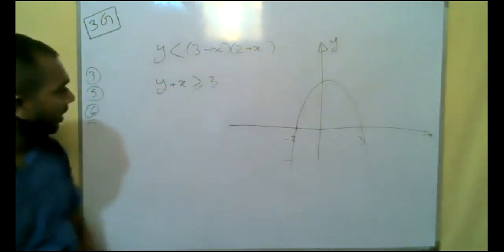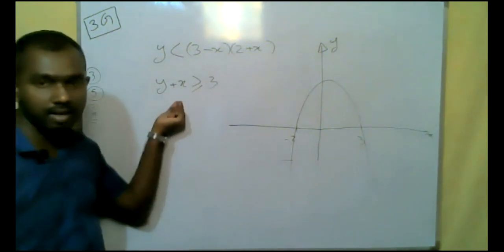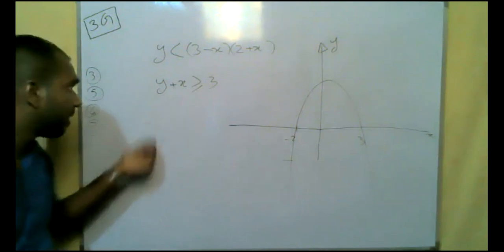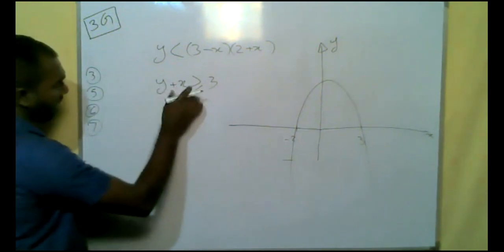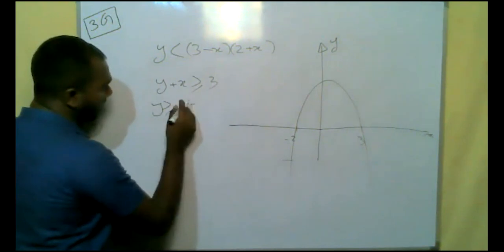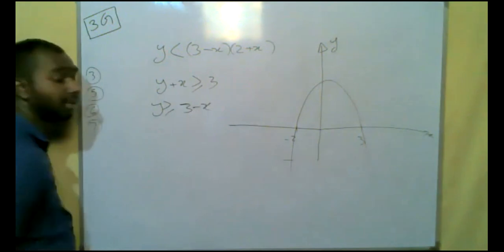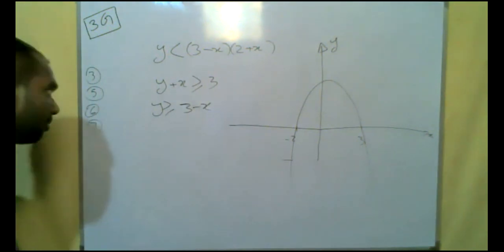From these two factors, I can pick them. And this is a straight line equation, but it is a bit complicated when I see it like this, so I am rearranging it as y should be greater than 3 minus x. Now it is much more convenient for me.